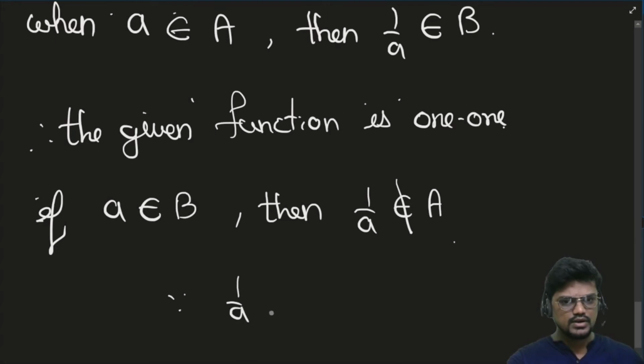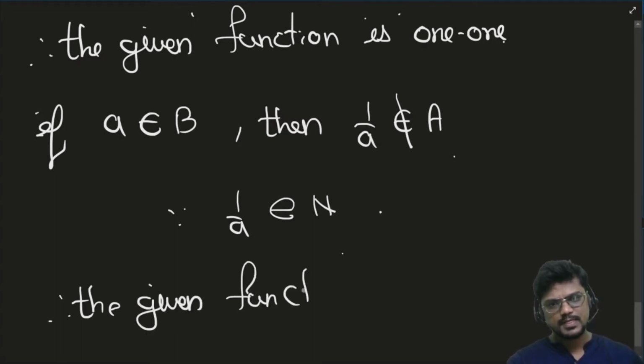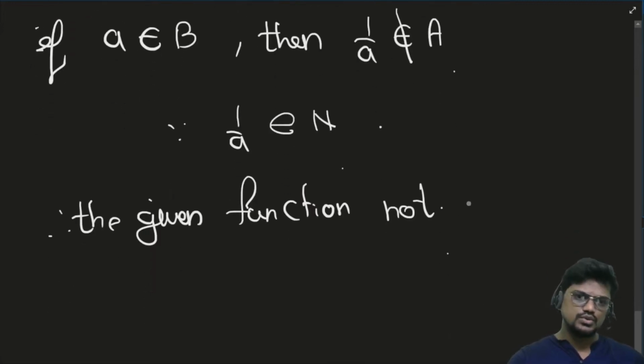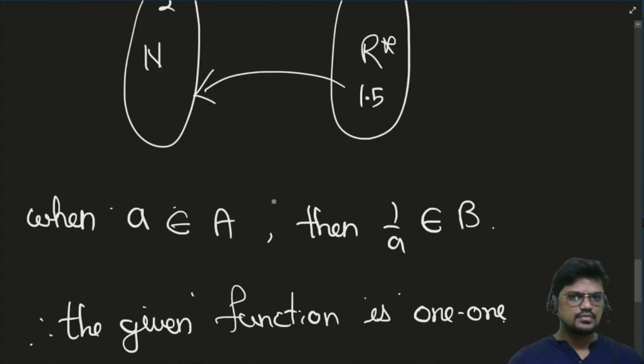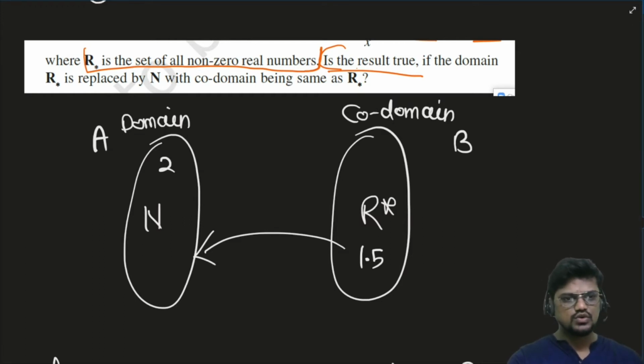Since 1 upon a does not belong to natural numbers, therefore the given function is not onto. Is this clear, guys? Is this clear to you? Okay, very good. So over here we are done with the first question. Now let's go ahead.